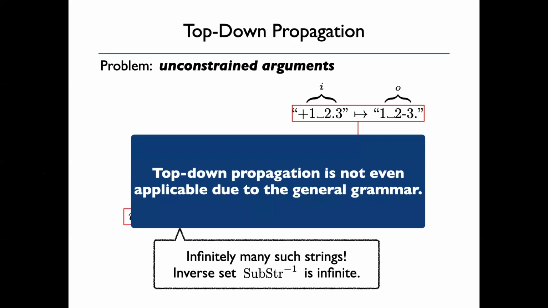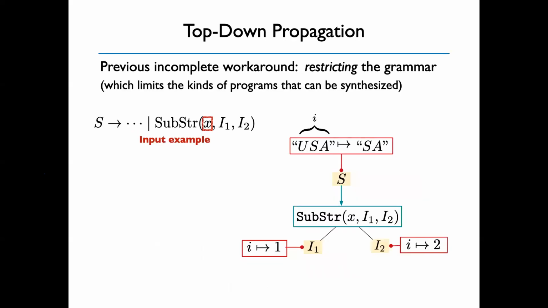Because the grammar for the example SyGuS problem is too general, the previous top-down propagation is not even applicable due to the unconstrained argument problem. The previous mitigation to this problem is restricting the grammar for an underlying DSL.